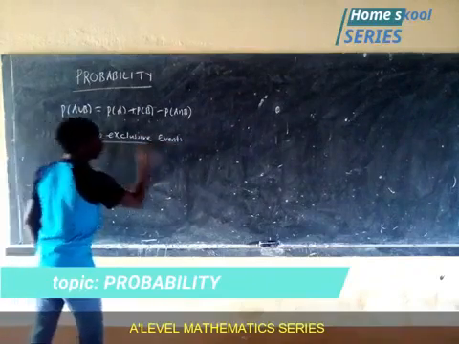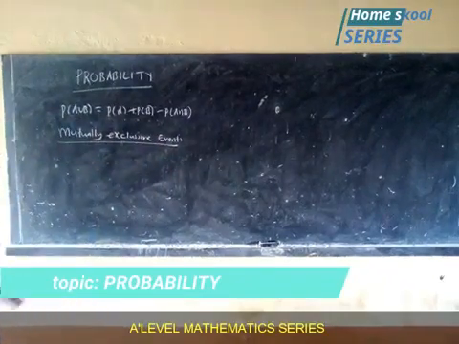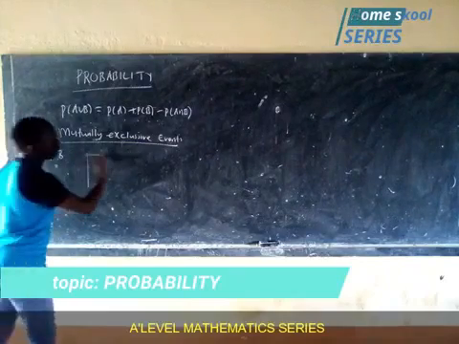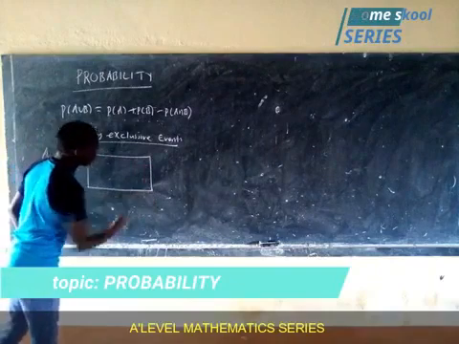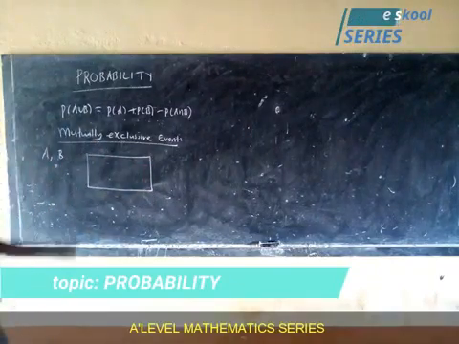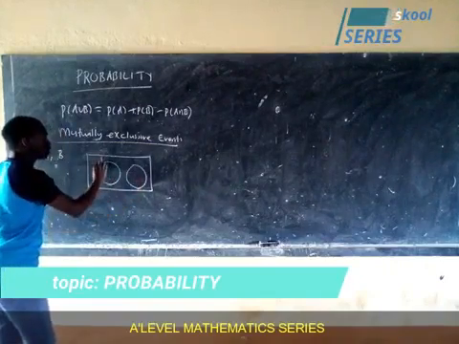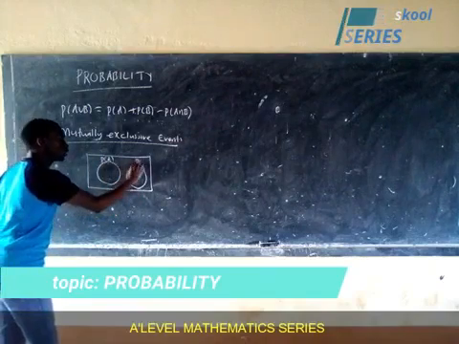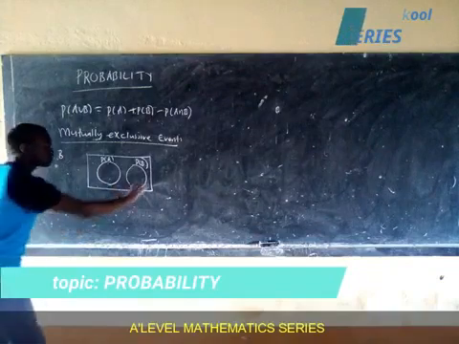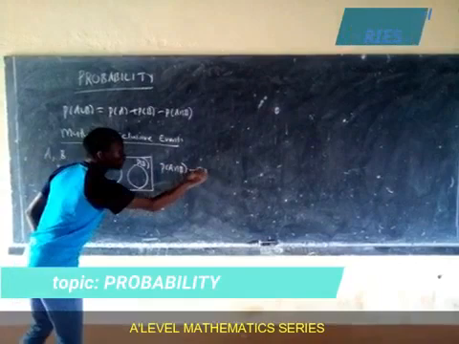Let me use a Venn diagram to show this one. If I have two events A and B, in this case, if A and B are mutually exclusive, these A and B have nothing in common. It implies we are having this as A, then this as B. This is the probability of A, this is the probability of B. These two are mutually exclusive, meaning the probability of A intersection B becomes 0.